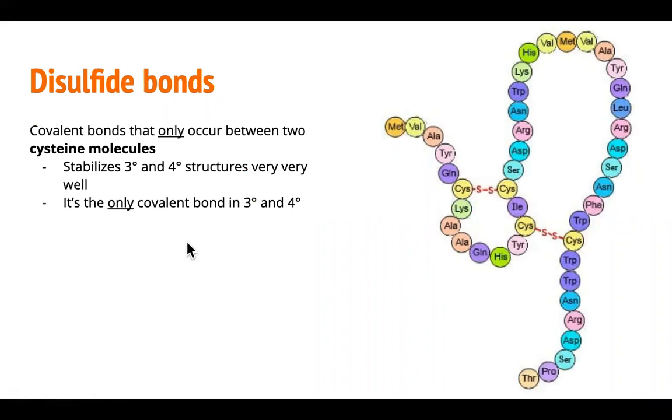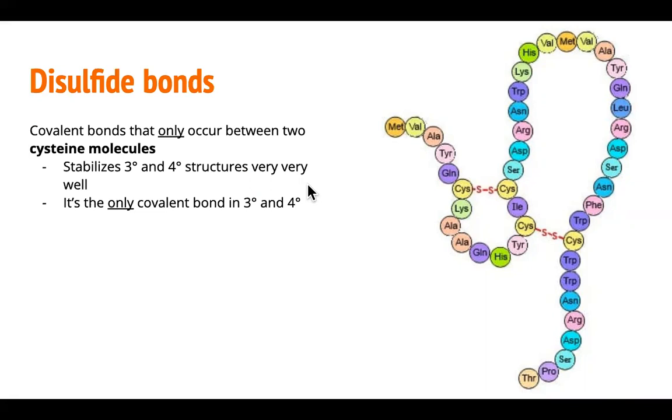So disulfide bonds, these are the only covalent bond that you'll find in tertiary and quaternary structure, and they can only occur between cysteine molecules, the sulfurs of the cysteines. Since they're covalent, they are going to be stronger than the hydrogen bonds and the van der Waals.